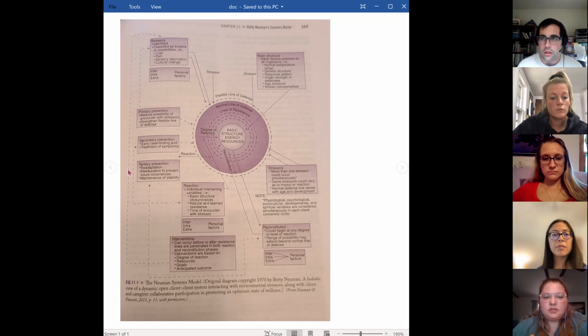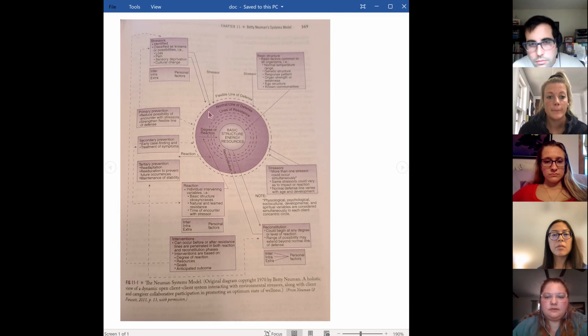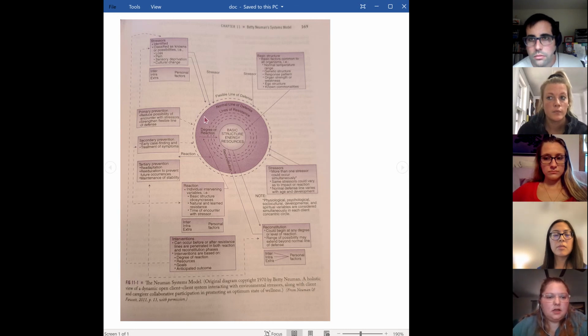So primary prevention's goal is to reduce the possibility of encountering those stressors in the first place, and then to strengthen that outer flexible line of defense and push it out further so that it takes more stressor to actually create that variance.